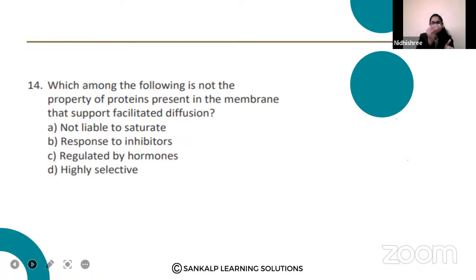So which of the following options is not a characteristic of those proteins? First one, not liable to saturate. Second one, response to inhibitor. Third one, regulated by the hormones. Fourth one, highly selective. Out of this, which is not a characteristic of a protein present in the membrane?